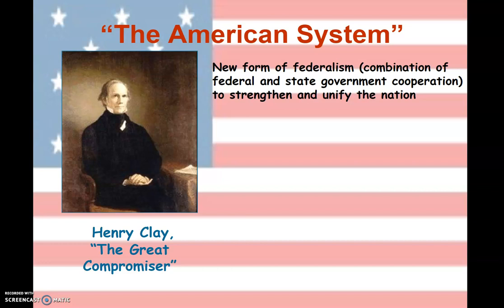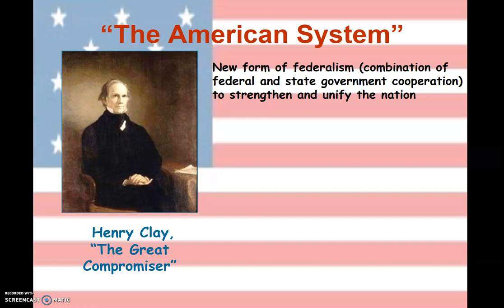He's involved in absolutely everything. He's a very prominent politician at this point. So he develops the American system, and the American system is simply the policy of federalism, right? The federal government and the state government, getting together. And the goal of it is to help unify the nation, to make it stronger, wealthier, and more powerful.